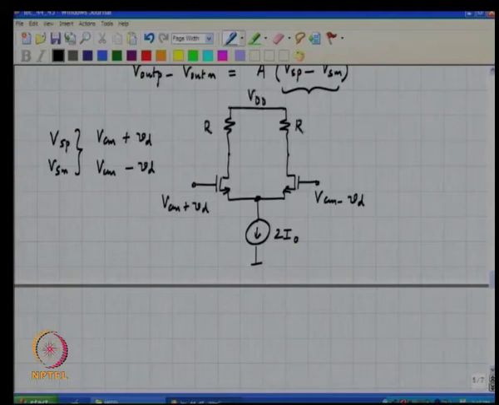Let us quickly review the quiescent operating point.